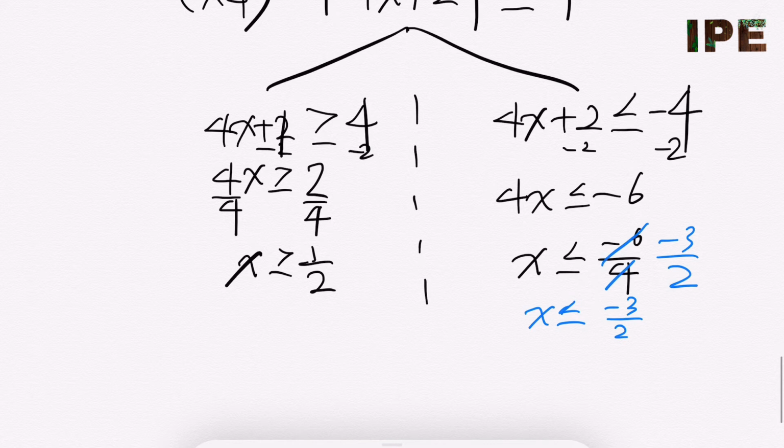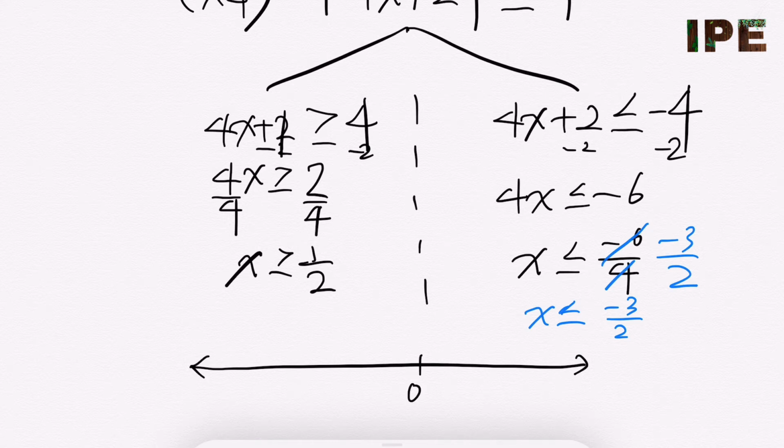How can you express your answer on the number line? There's a number line here and 0 here. Where's 1/2? 1, 2, 1/2 here. x is greater than or equal to 1/2. So your answer is what? Including that 1/2, and then the right side from 1/2.